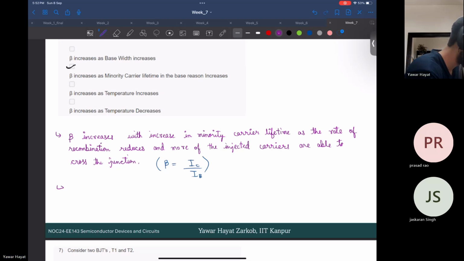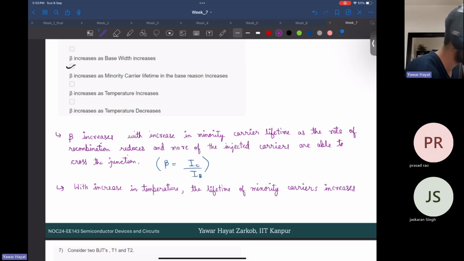Likewise, with increase in temperature, the lifetime of minority carriers increases, right?